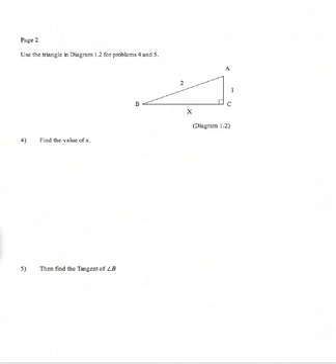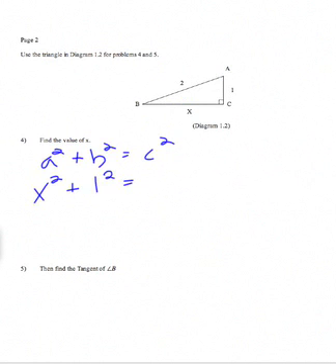All right. So we have a squared plus b squared equals c squared, where a we will name x, b is going to be 1 squared, and c is going to be, excuse me, 2 squared. 2, the hypotenuse.